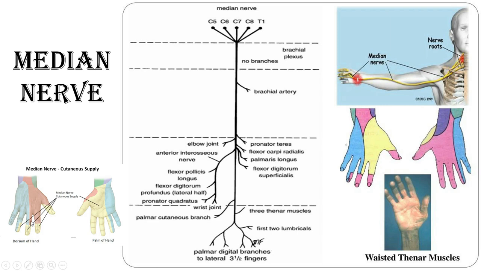But in the dorsal aspect, just see this finger. This is the ring finger. See, this is the half portion, and for this ventral aspect, this is the half portion.